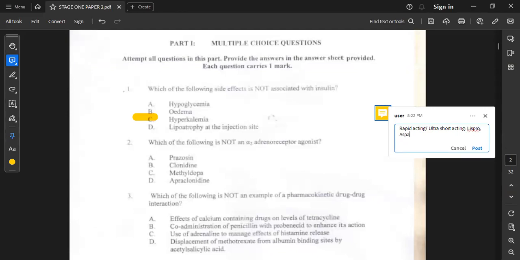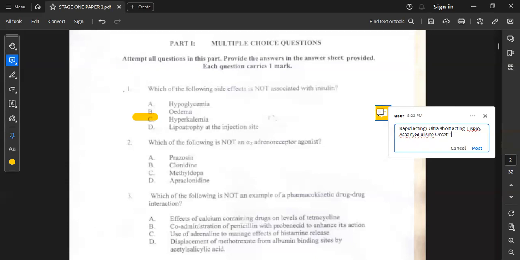Lispro, aspart, and glulisine. The onset is 10 to 15 minutes. We need to remember the timings? Kinda, yeah.